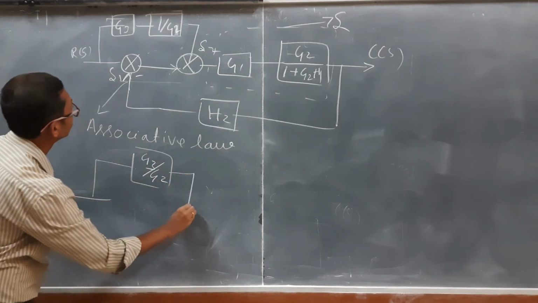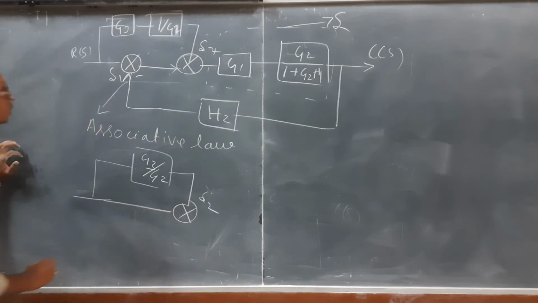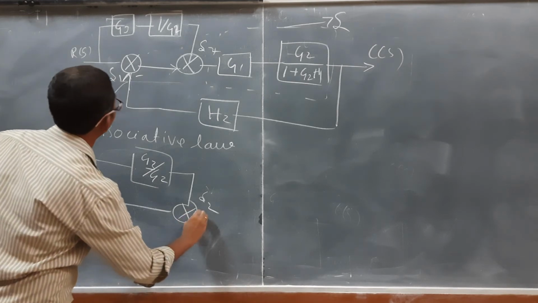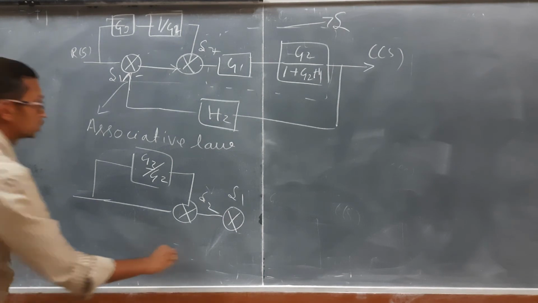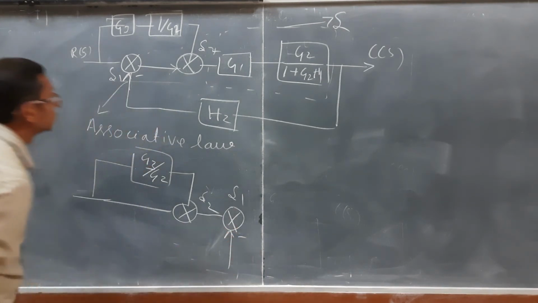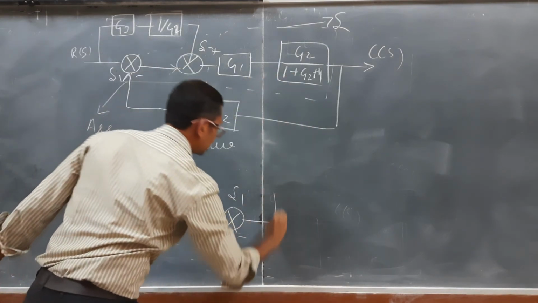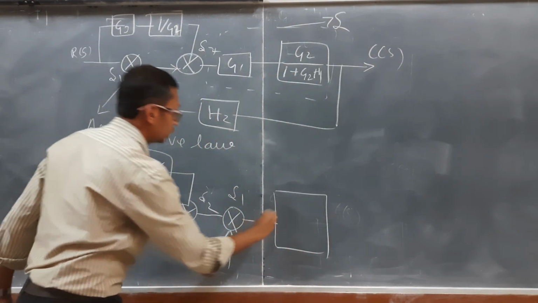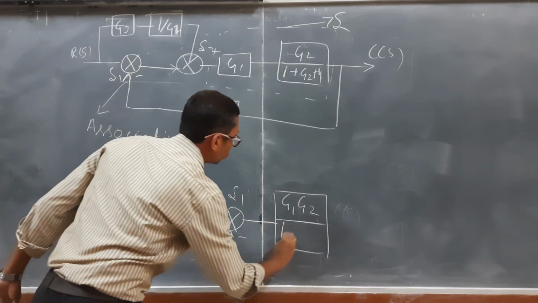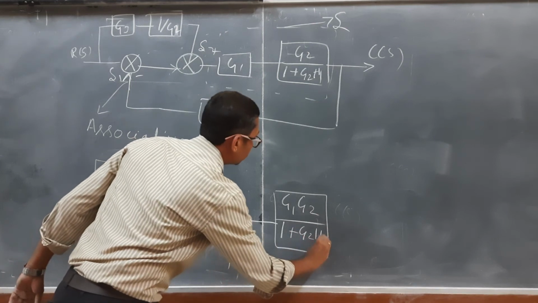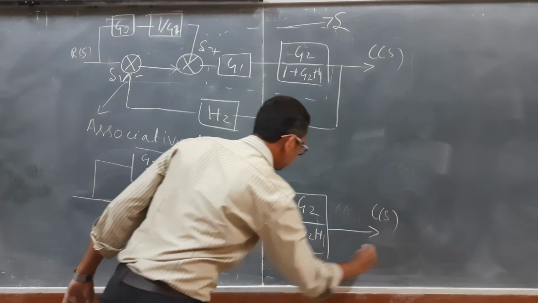Therefore I am going to get the summing point 2 first. Next I am going to have a summing point 1, with the symbol of negative. Then I am going to do the multiplication of these two. So it will be G1 G2 divided by 1 plus G2 H1. The output is C of S.